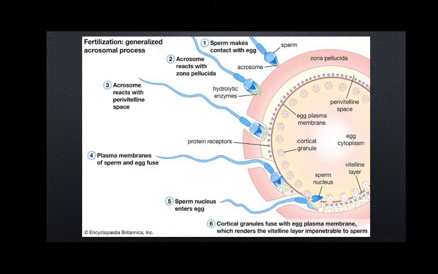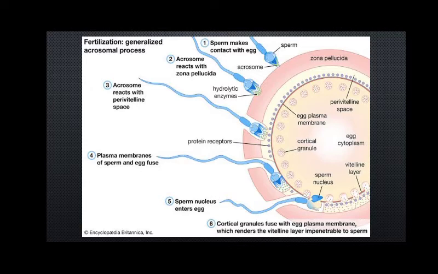The moment the cortical granule fuses, it releases its entire content, which will be dispensed into the perivitelline space. This fusion of the cortical granules with the egg plasma membrane, releasing them into the perivitelline space, will make the entire vitelline layer impenetrable for any other sperm.